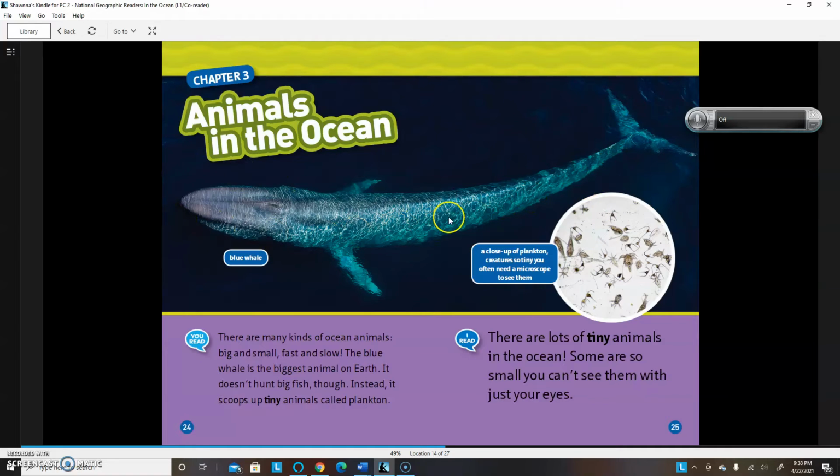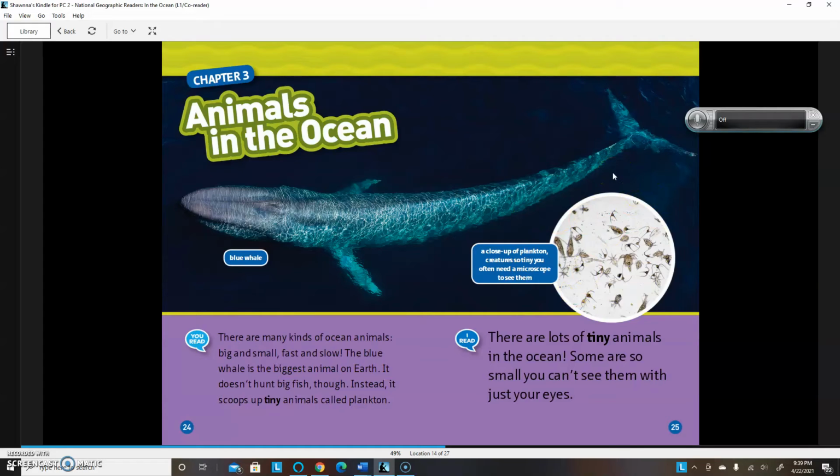What is so significant about this blue whale that it warrants a picture in the book, and not just a picture, but also a subtitle? And then you come over here and it's like, what are these? These are weird. You look at your caption. It says a close-up of plankton, creatures so tiny you often need a microscope to see them. How does something so tiny exist in something as huge as the ocean? So those could be our questions.